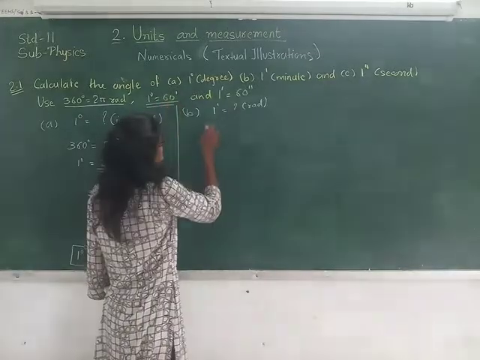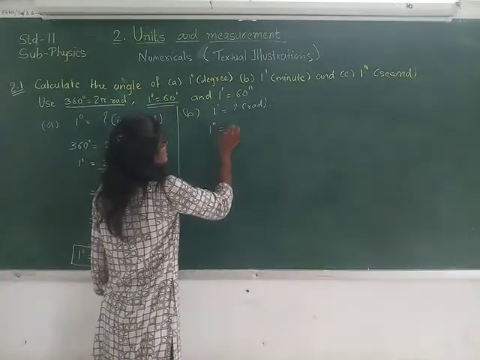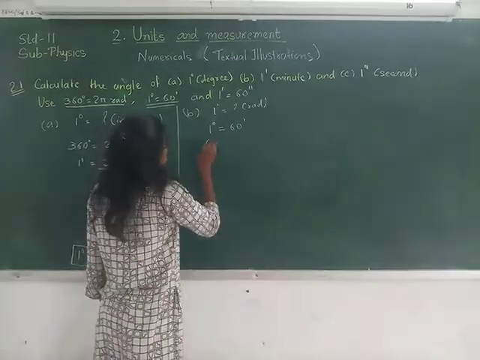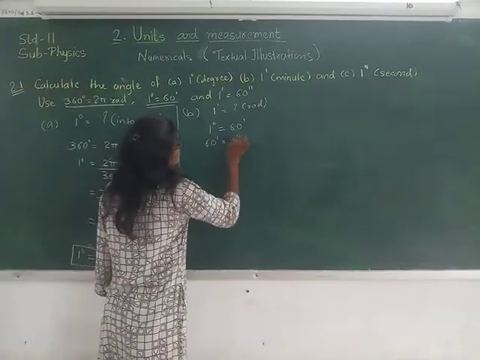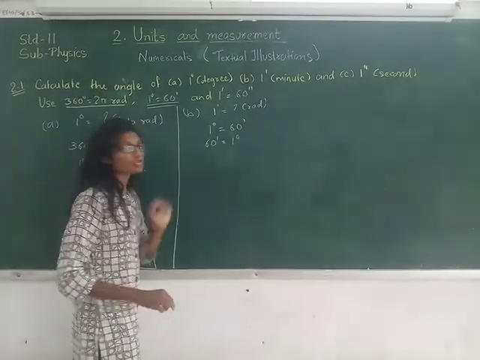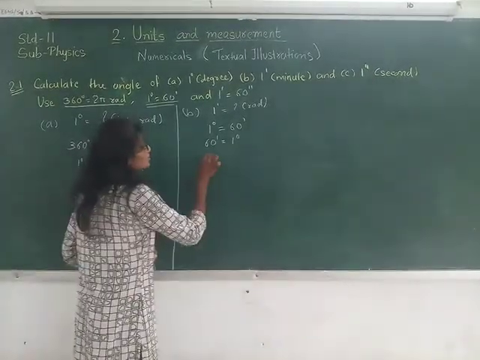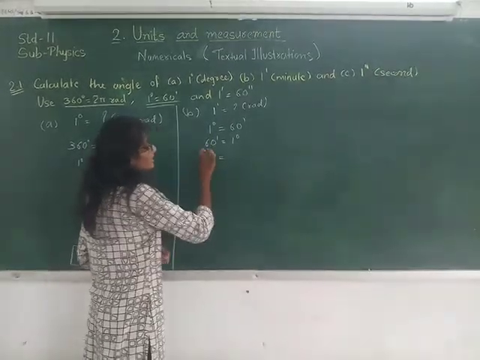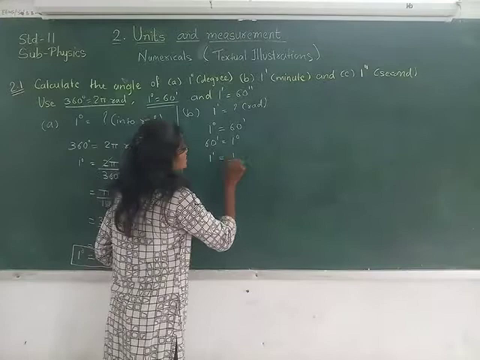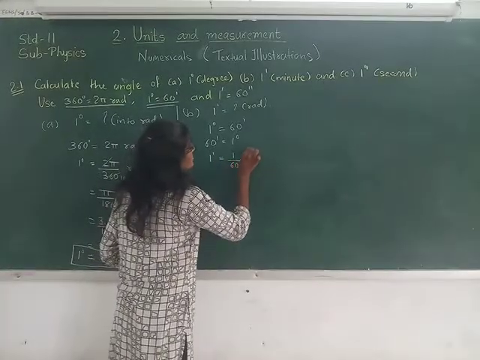So we will be using this 1 degree equals to 60 minutes, right? You can write it vice versa. 60 minutes is equals to 1 degree. Now taking the 60 over here, because we want to find 1 minute. So 1 minute, dividing both the sides by 60 or taking 60 directly to the denominator part.